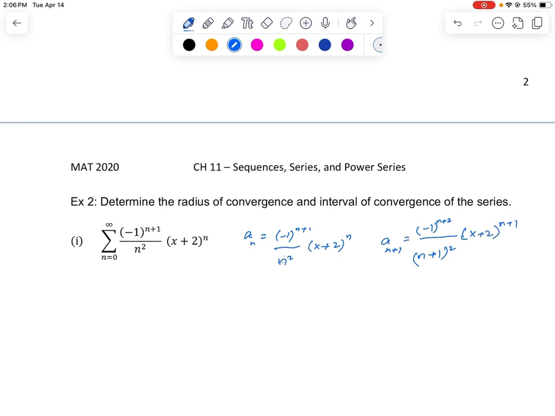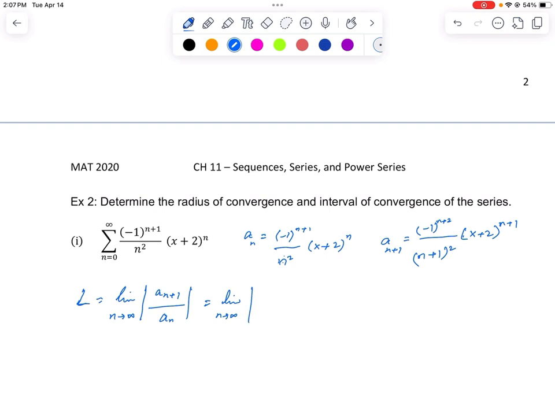Okay, so now let's say L equals the limit as n goes to infinity of a_(n+1) over a_n, in absolute value.